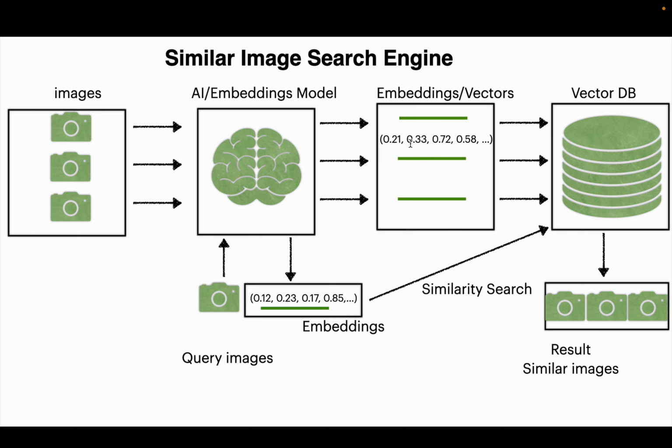So let's say the cosine similarity between vector 1 and vector 3 is smaller compared to vector 1 and vector 4. That means image 1 and image 3 look similar to each other compared to image 1 and image 4. So that's the idea.